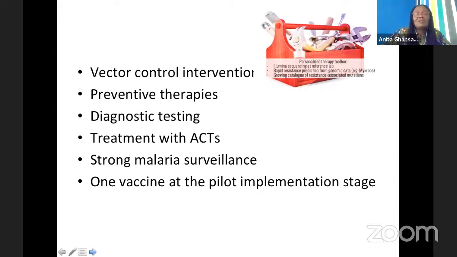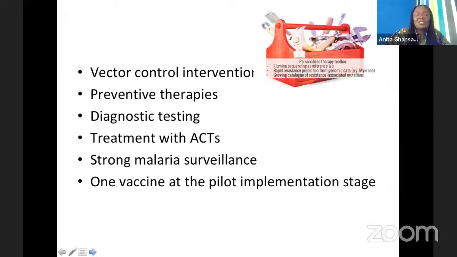And then we have preventive therapies such as SP, sulfadoxine-pyrimethamine, for pregnant women and for children, and then intermittent treatment of populations with low transmission. And then we have our diagnostic kits, microscopy, rapid diagnostic testing, and we have our current artemisinin-based combination therapy for treatment. And we've established quite a strong malaria surveillance system.